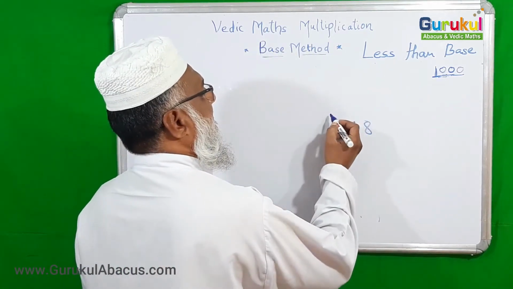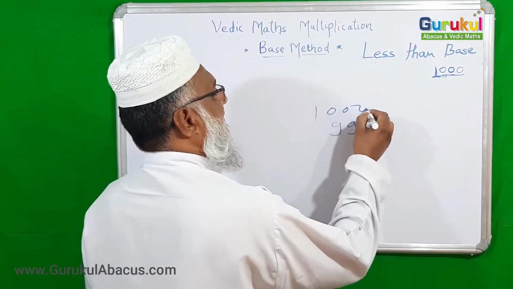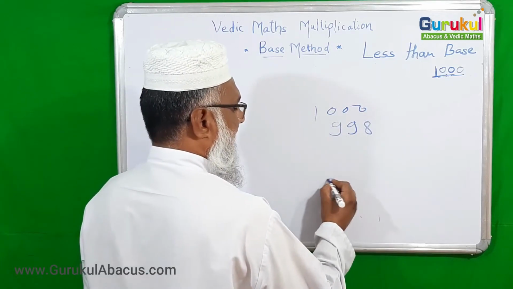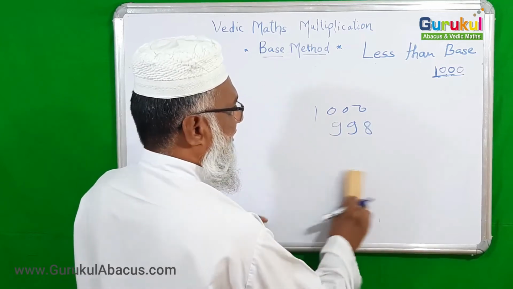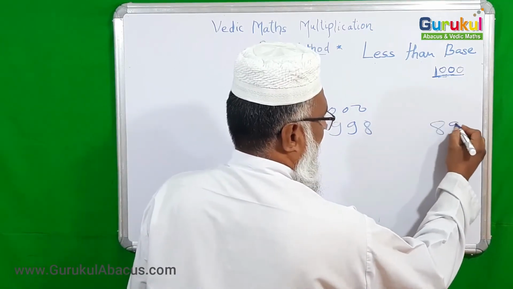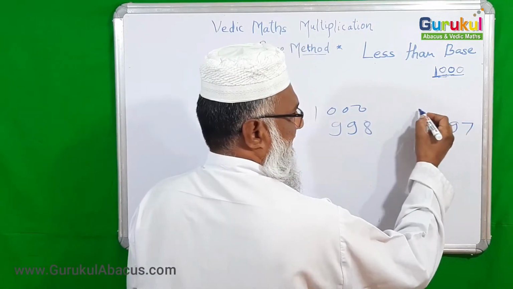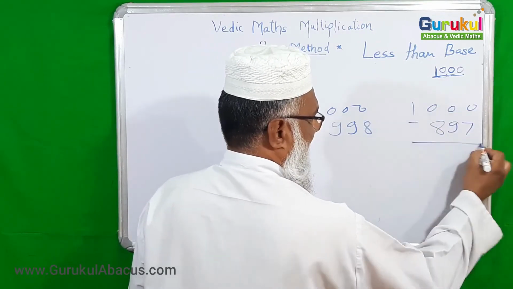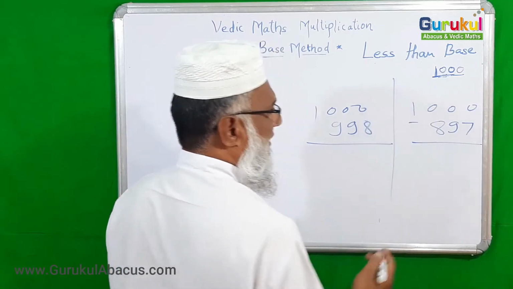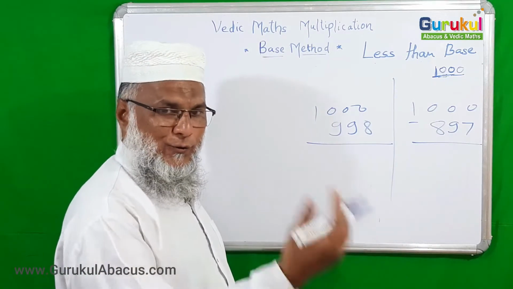Subtracting from the base. Base is 1000, and another number was 897, and here I should write 897 subtracting from 1000. Okay, those are two examples of subtraction we do mentally.